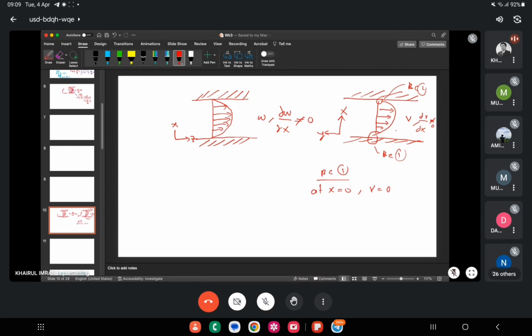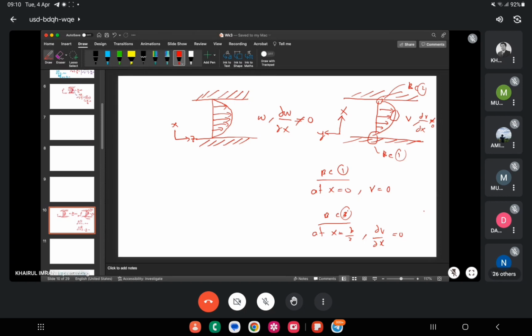Cuma dekat BC3 ni. At X equals to B over 2, del V over del X sama kosong.